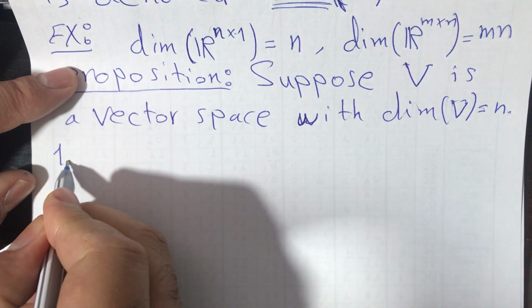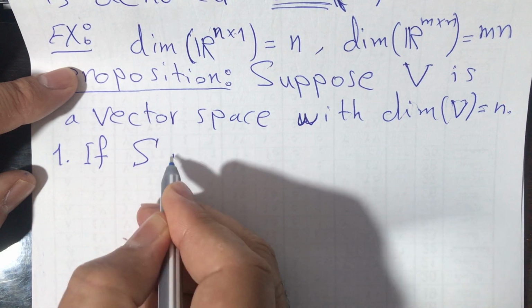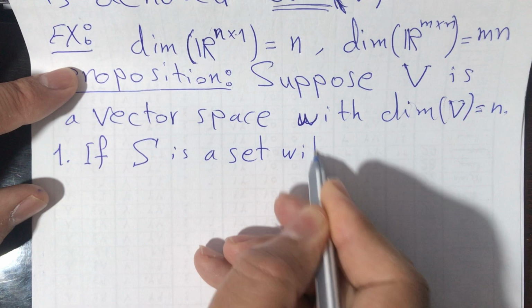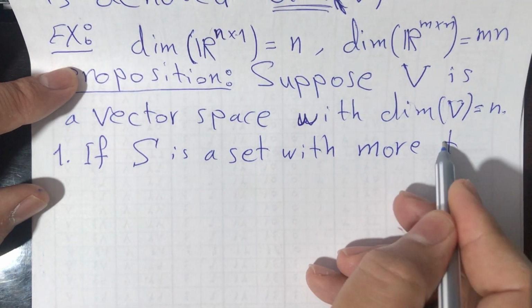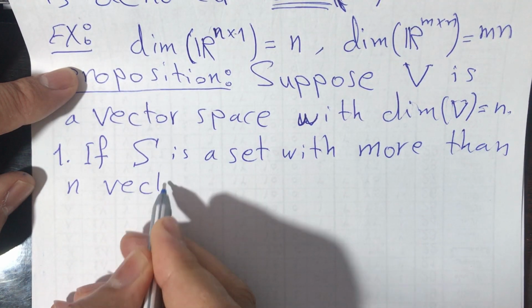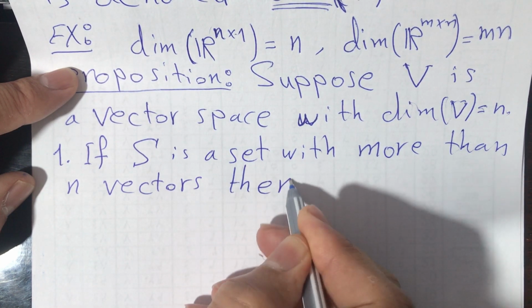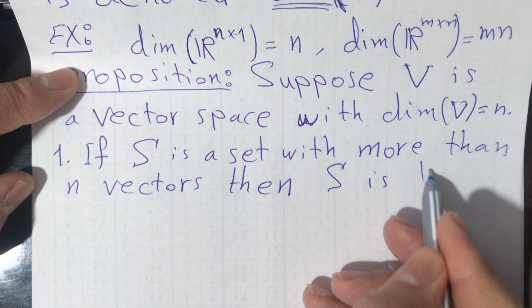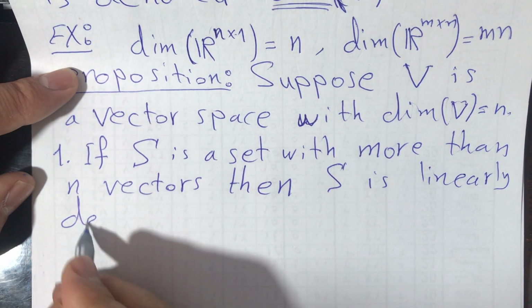Number one, if S is a set with more than n vectors, then S is linearly dependent.